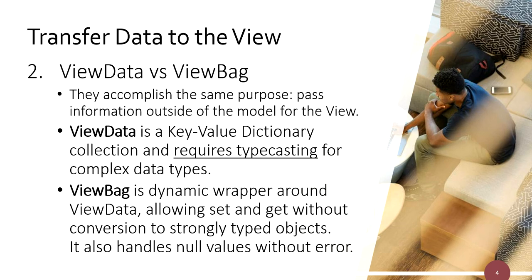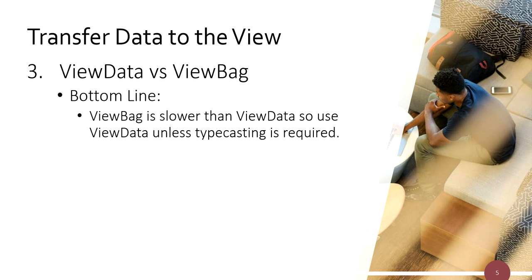So you might say, wow, if view bag is so much more powerful and better at even handling data conversions and so on, why ever bother with view data? Well, bottom line, view bag is slower than view data because of the overhead involved. So use view data unless typecasting is required.